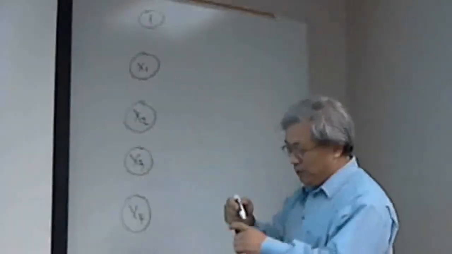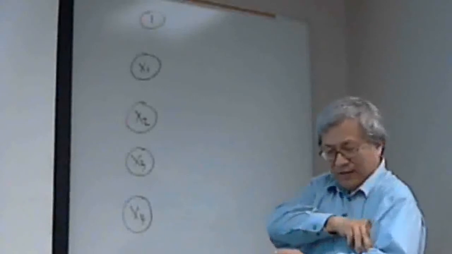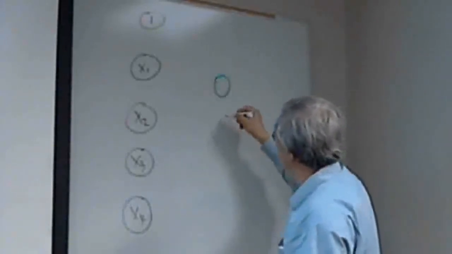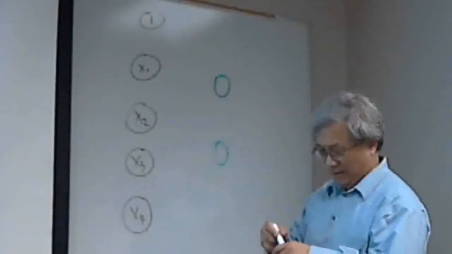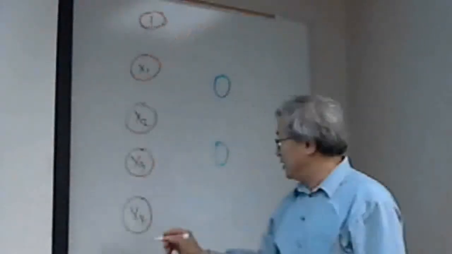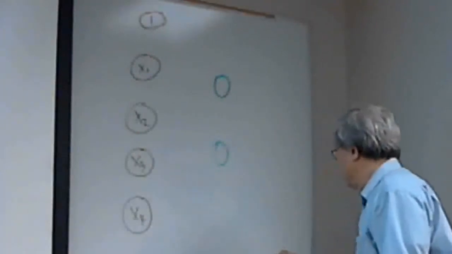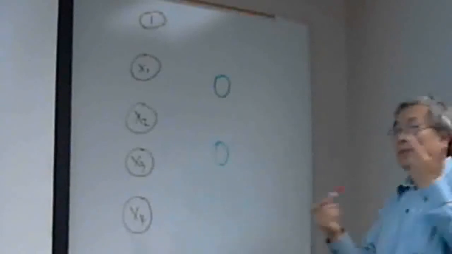We have two nodes in the hidden layer. So let me use a different color so it's easier to see. Here this is a 4-2-3 neural network because of this many neurons.